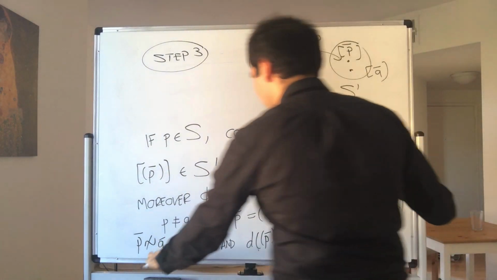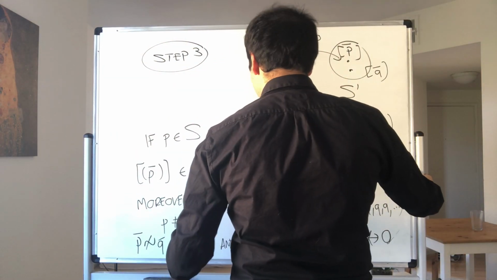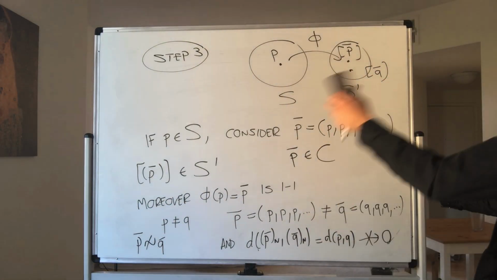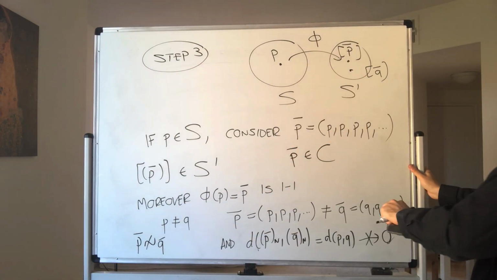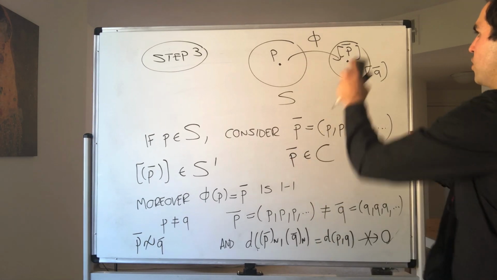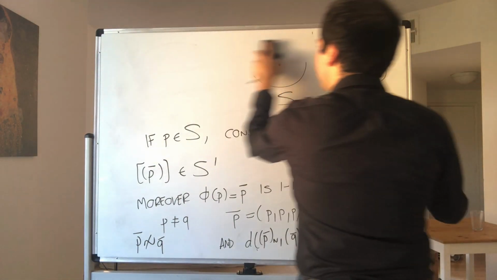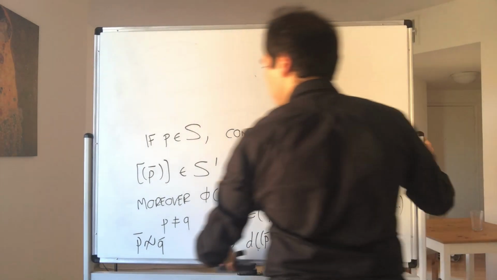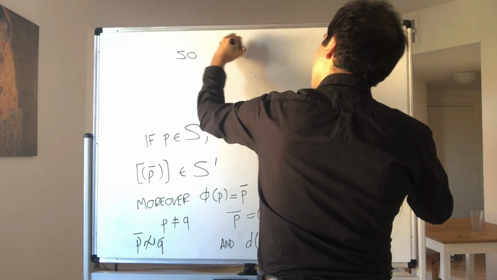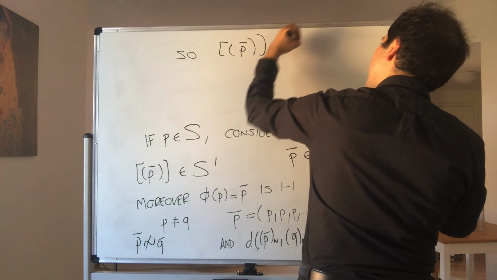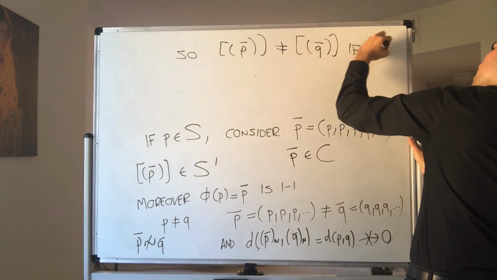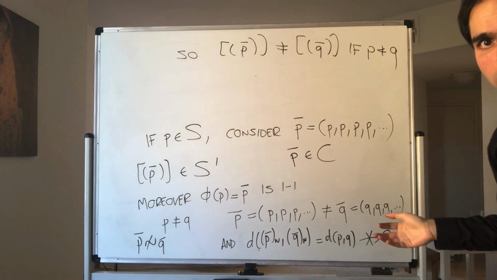And therefore, if we want the association that takes P to the class of P bar, and the association that takes Q to the class of Q bar, P bar is not equal to Q bar if P is not equal to Q. And so this association is 1-to-1.